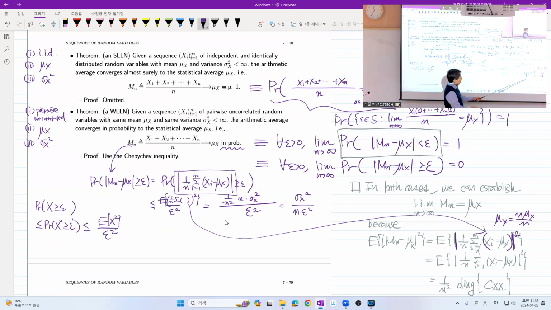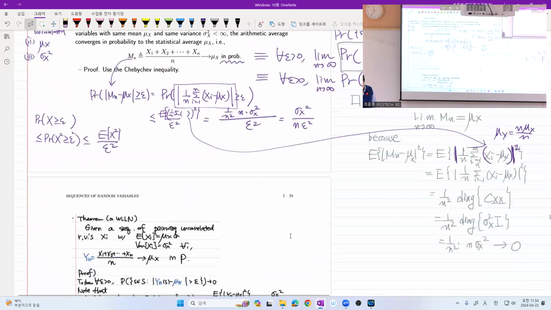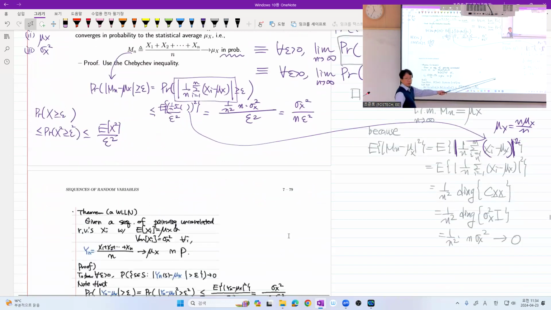And this one is what? Due to the uncorrelatedness, because independence implies uncorrelatedness, we have 1 over n squared times n sigma squared. So we have sigma squared over n, which goes to 0 as n tends to infinity.